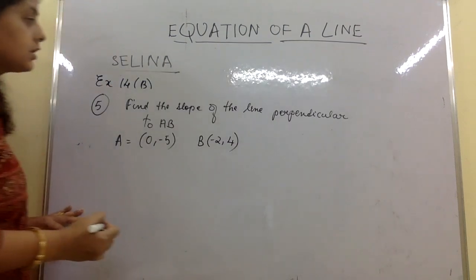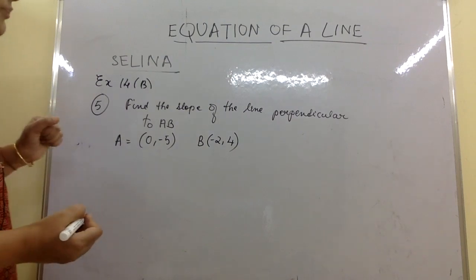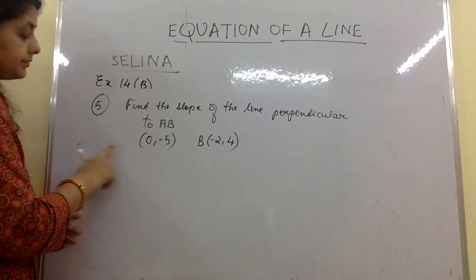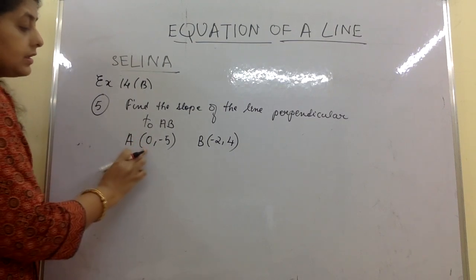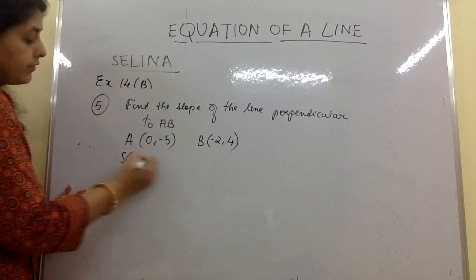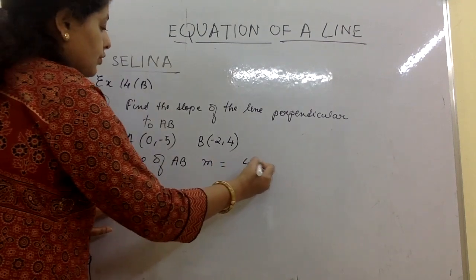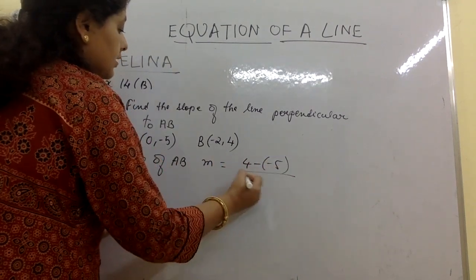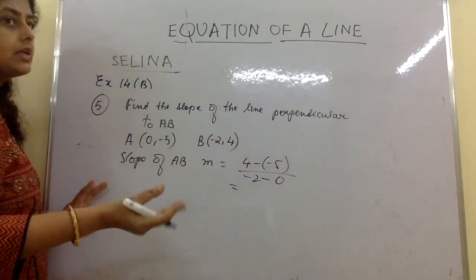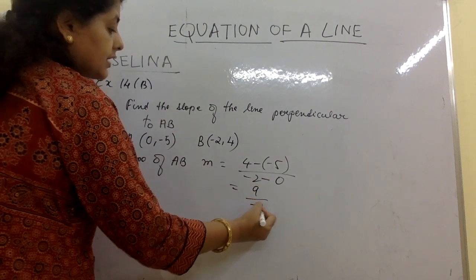Find the slope of the line perpendicular to AB. They have given the coordinates. So we will first find the slope of AB, that is m is 4 minus 5 over minus 2 minus 0. y2 minus y1, x2 minus x1, we are doing that. 9 by minus 2.